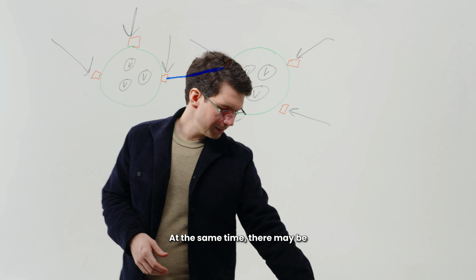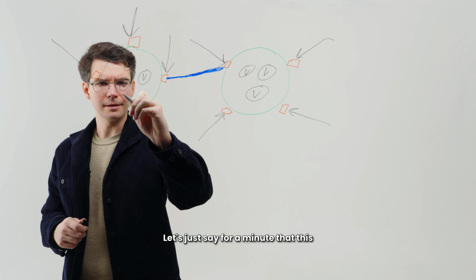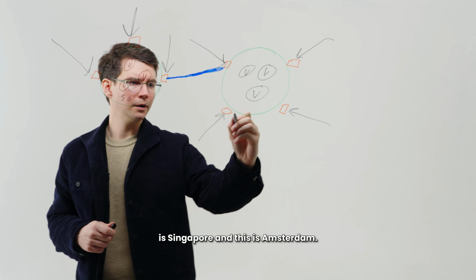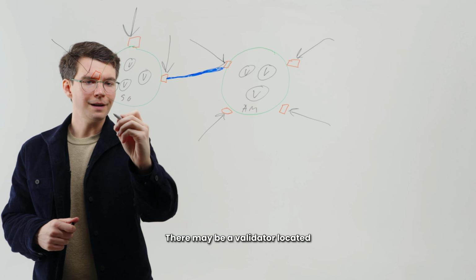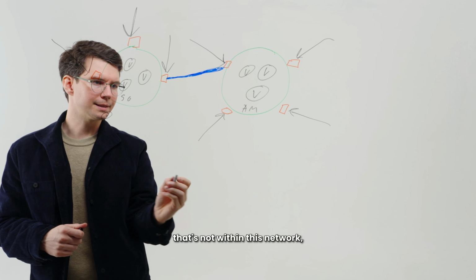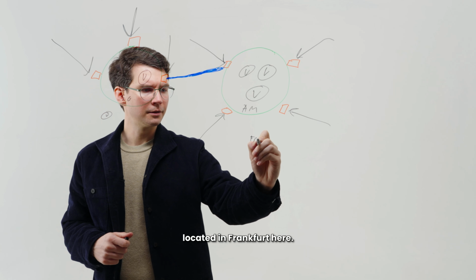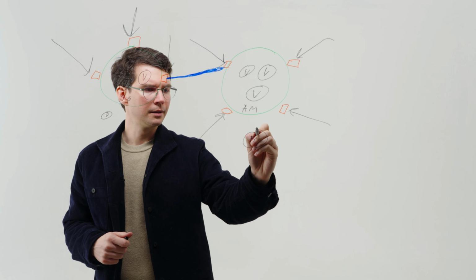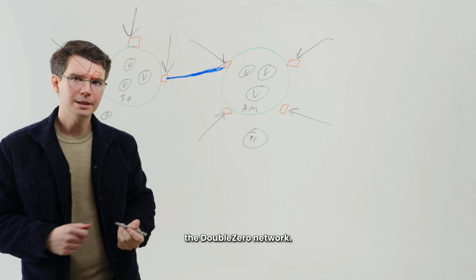At the same time, there may be validators physically nearby. Let's just say for a minute that this is Singapore and this is Amsterdam. There may be a validator located in a nearby data center that's not within this network, or there may be a validator located in Frankfurt here. And these validators can still benefit from the double-zero network.